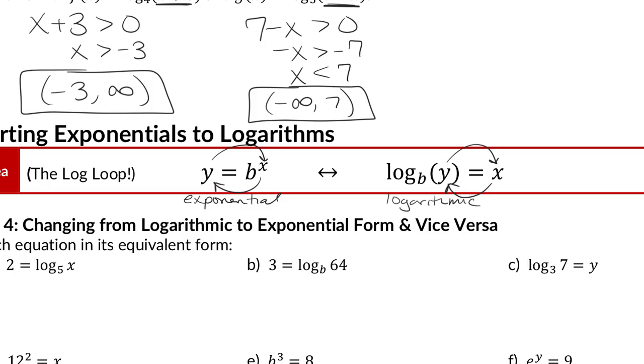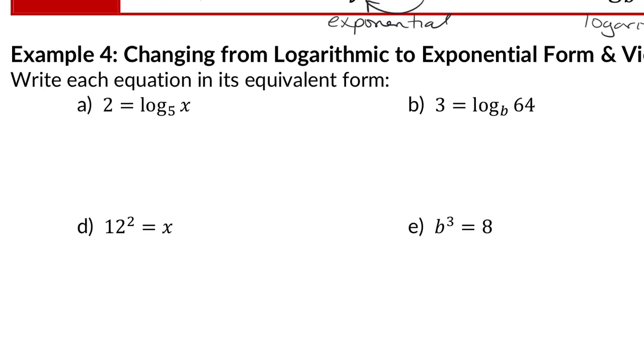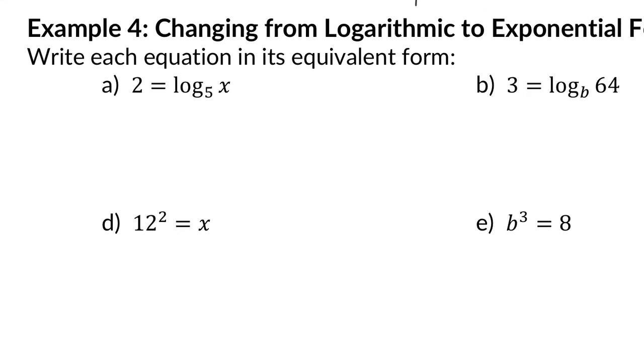So I have 6 problems for us to try here where we are switching them into their equivalent but opposite form. I'm going to do A and D, and I'm going to let you guys do the rest of these. If I was writing question A in its equivalent form, it is already a logarithm, so I'm going to write it as an exponential. What's the base of this logarithm? 5. So that's going to become the big number that is going to be raised to a power and equal to something.